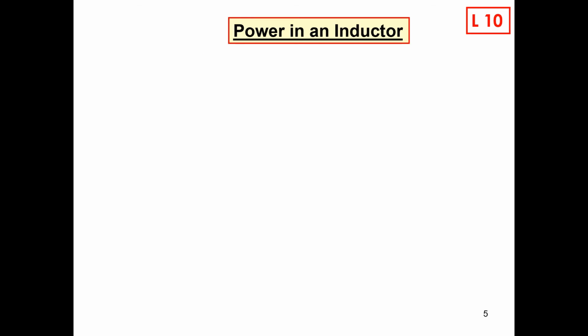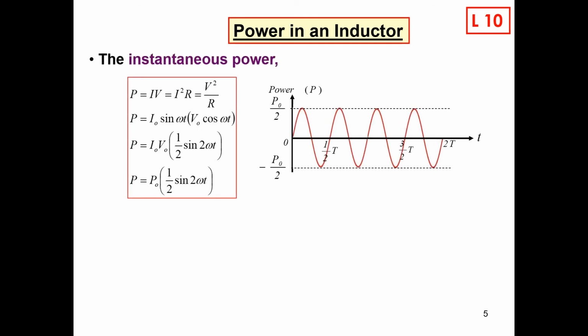Next, power in an inductor. The instantaneous power in an inductor is given by P equal to IV. The current equation is the same, I naught sine omega t, but this time VL, the voltage across an inductor, is equal to V naught cos omega t. Multiplying current and voltage across the inductor, we get P equal to I naught V naught times half sine 2 omega t.